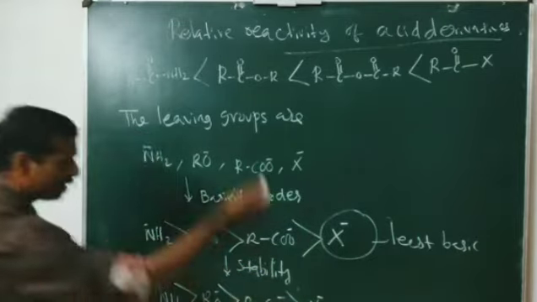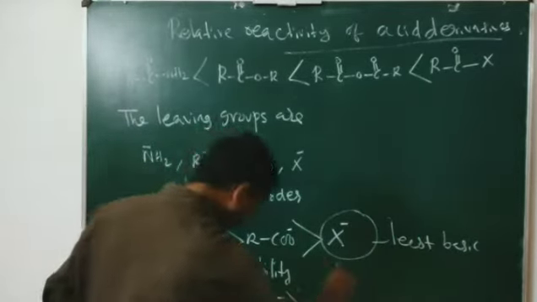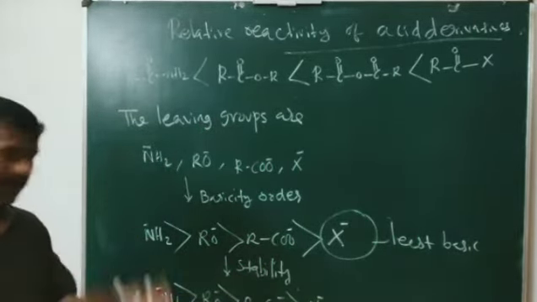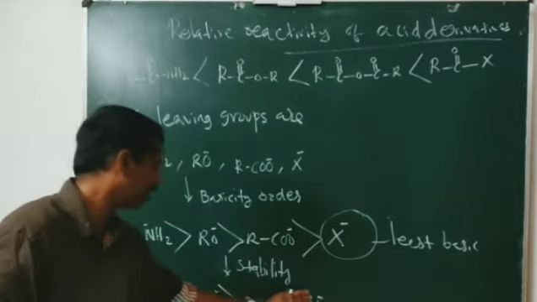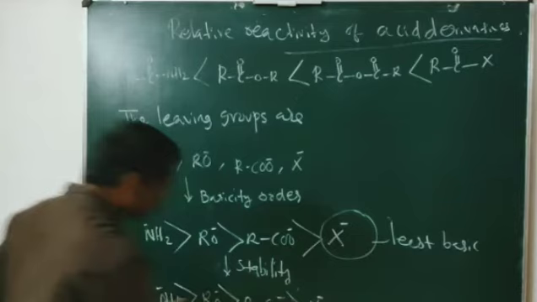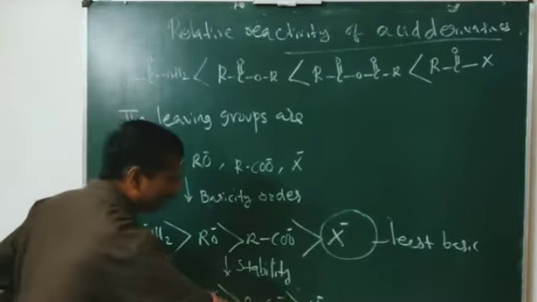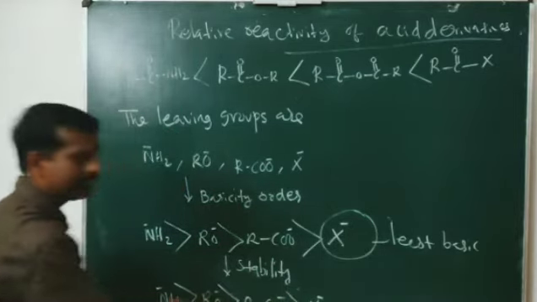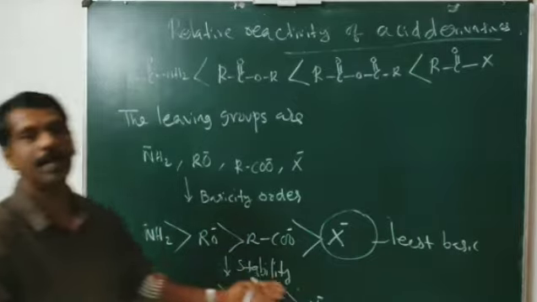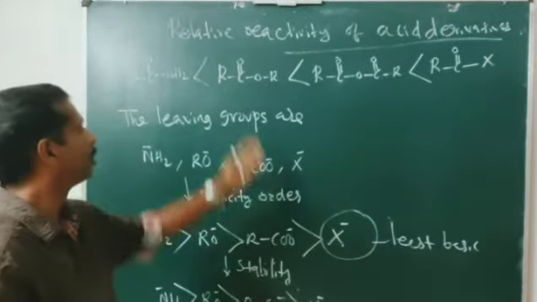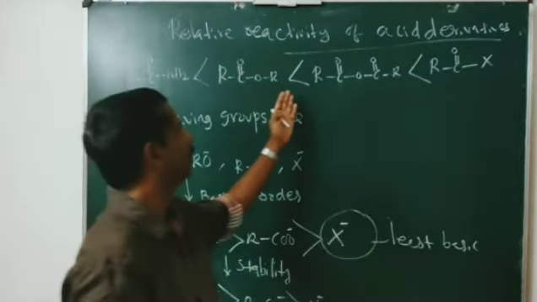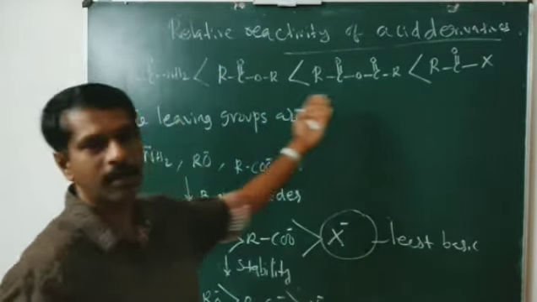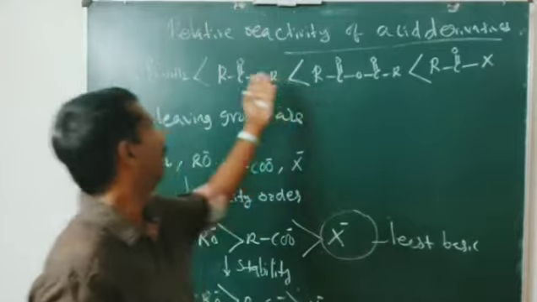This is the stability order, and hence the leaving ability order is the reverse direction. The immediately leaving group is X minus. So this is the factor why this order is followed for the reactivity.